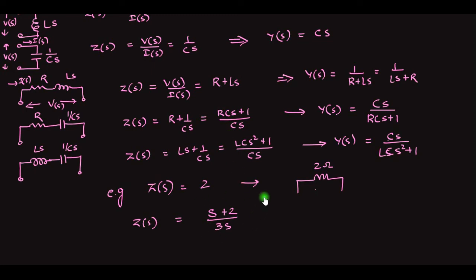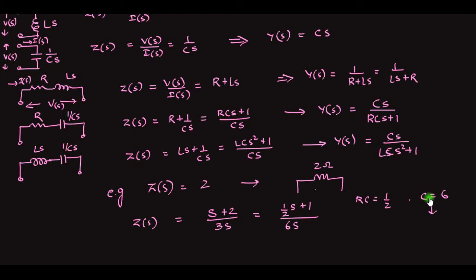Let us write this network function in this form. Over here we have the coefficient of S to be RC and plus 1 over here. So we will try to write it as 1 by 2 (S plus 1) divided by, taking 1 by 2 out, I'll get 6S here. Now on comparing, I will get RC to be equal to 1 by 2 and C to be equal to 6.